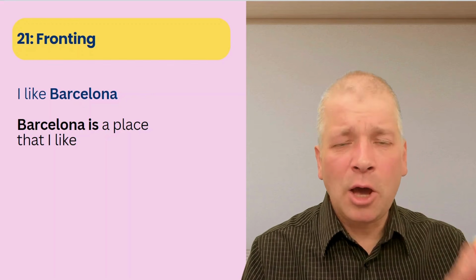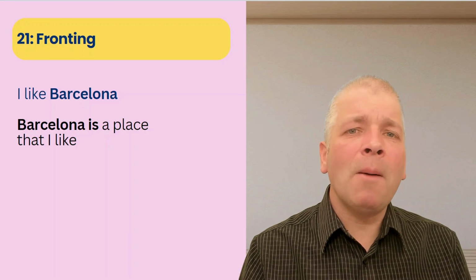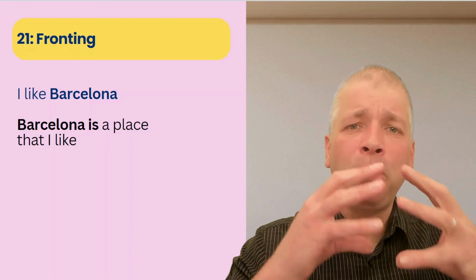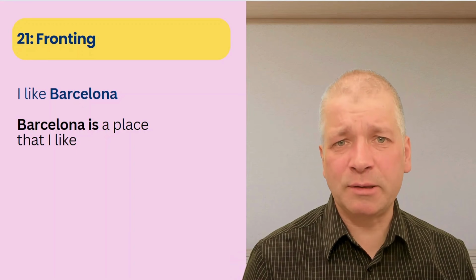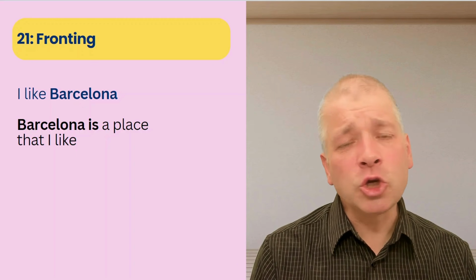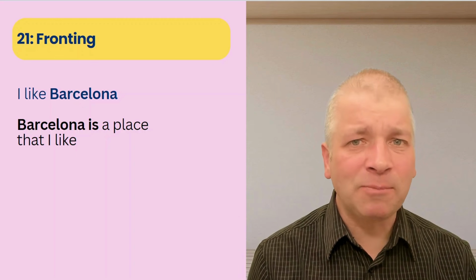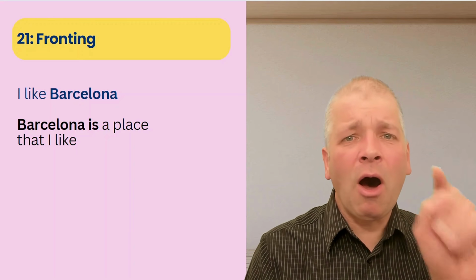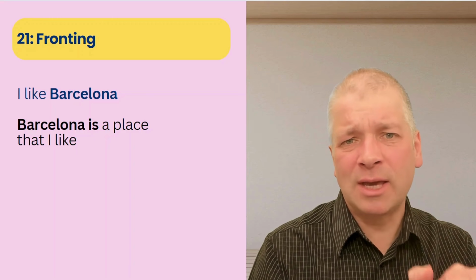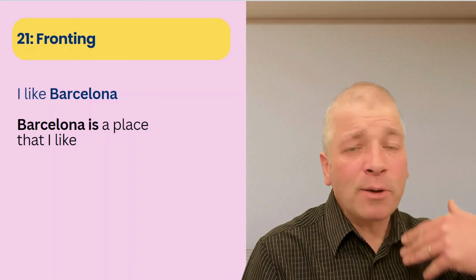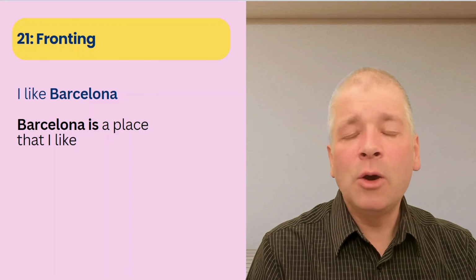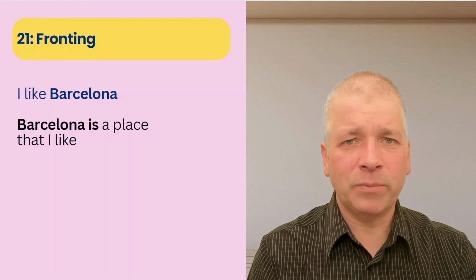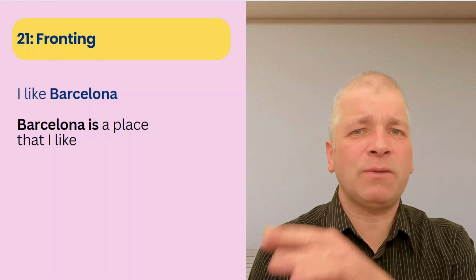By putting Barcelona at the beginning, we are making Barcelona the most important part of the sentence. In the first sentence, you could say that "I like" might be more important. We're focusing more on what I like because I is the subject. We're focusing on I. But by bringing Barcelona to the subject position, we now focus on Barcelona. Barcelona is a place that I like.